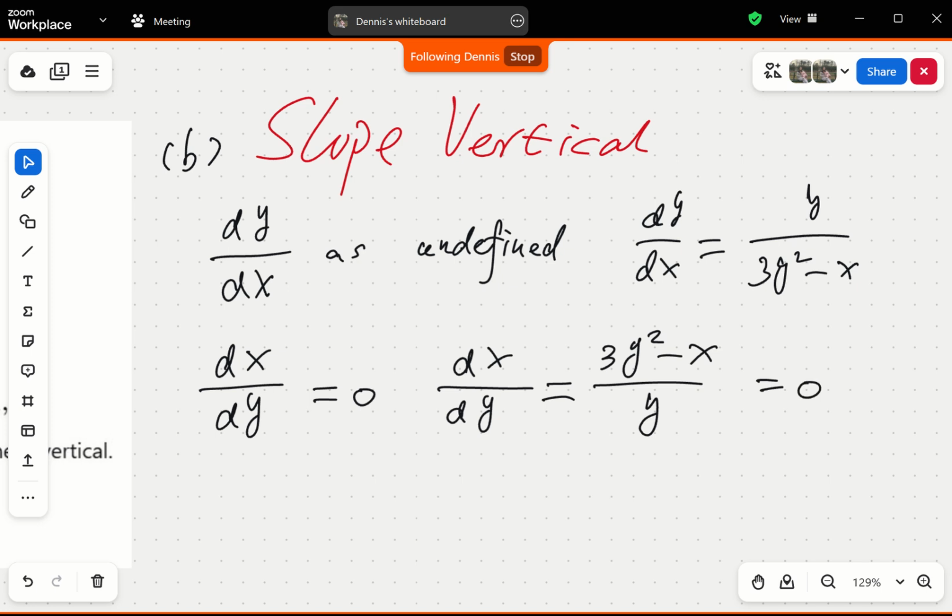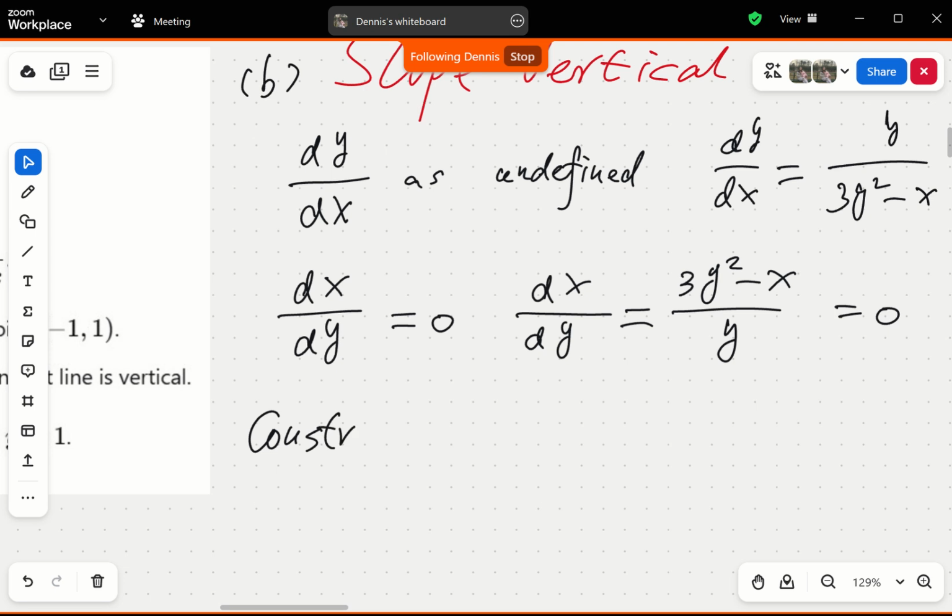And therefore we have a constraint on the point of tangency: 3y^2 - x = 0.